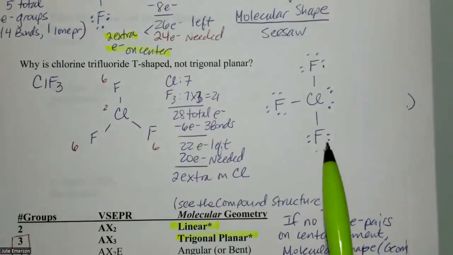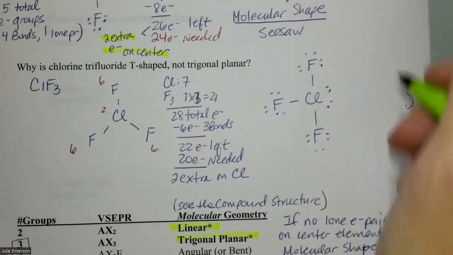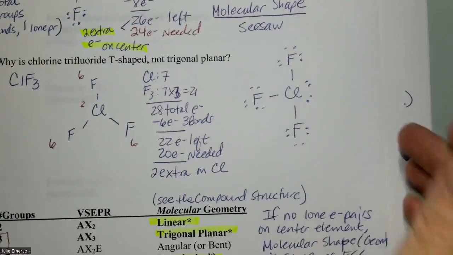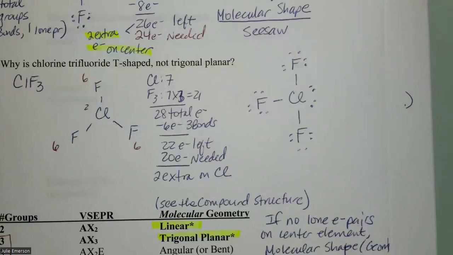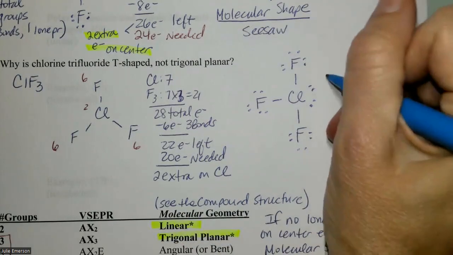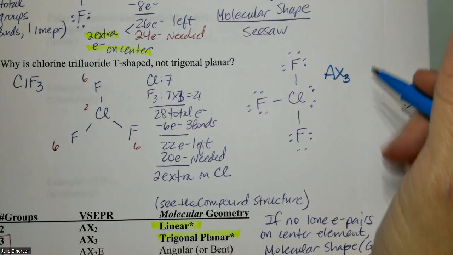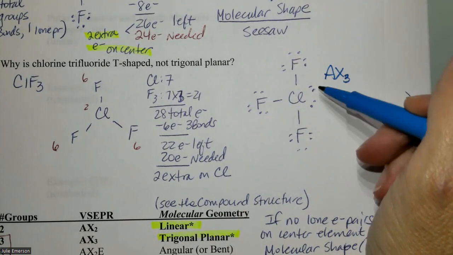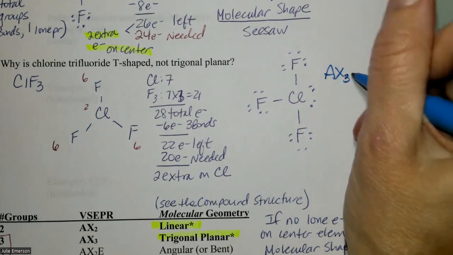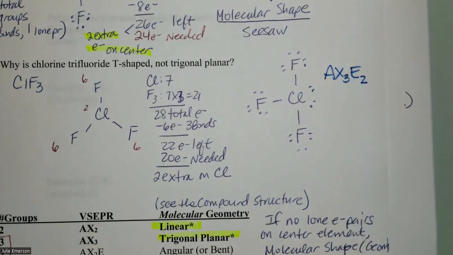All right. So when I look at my electron group geometry versus my molecular shape, when I do the VSEPR notation first, I have AX3 because there's 3 bonding elements around the chlorine, 1, 2, 3, and then an E2 because there are 2 lone pairs.